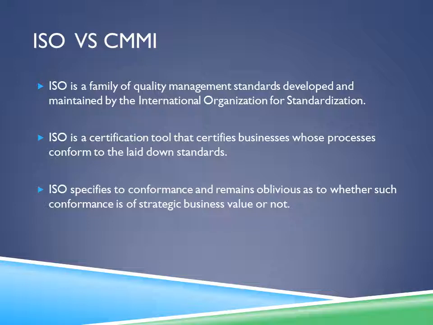So the main difference between them is that CMMI is basically related to best practices derived from leaders in the industry, and it relates to product engineering and software development, whereas ISO is a certification tool that certifies businesses whose processes conform to those laid down standards. And ISO is more flexible and applicable to all manufacturing standards, and it specifies conformance and remains oblivious as to whether such conformance is of strategic business value, which can be a disadvantage of it.